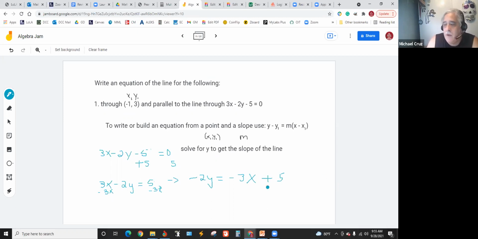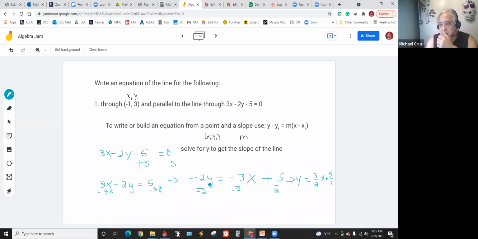Anyway, one more step to solve for y, and that is divide all things by negative 2. And then that's going to give us y is equal to negative over a negative gives us just a positive 3/2 x plus 5/2.